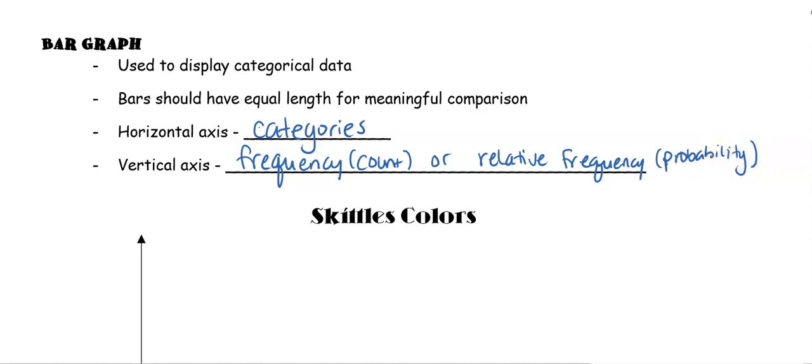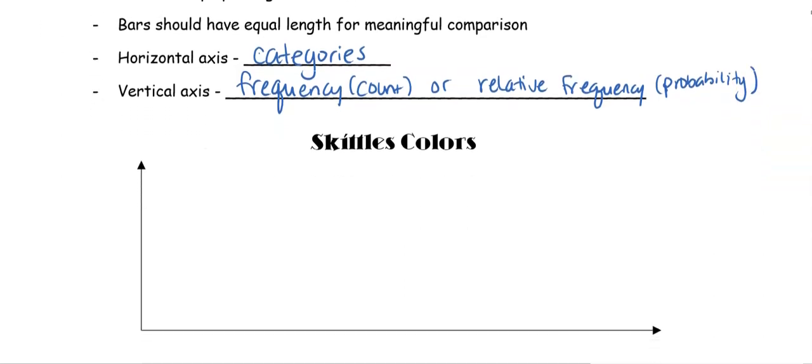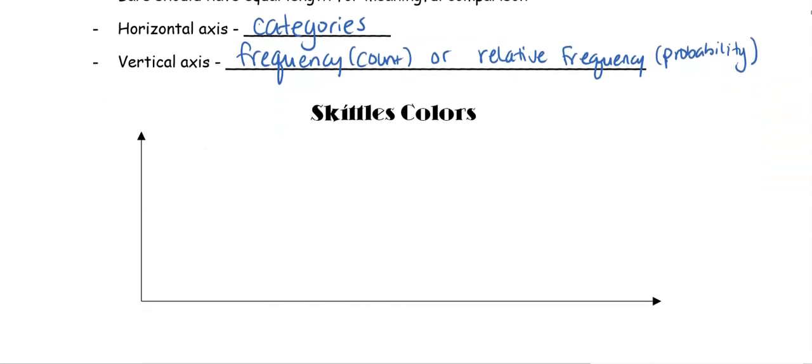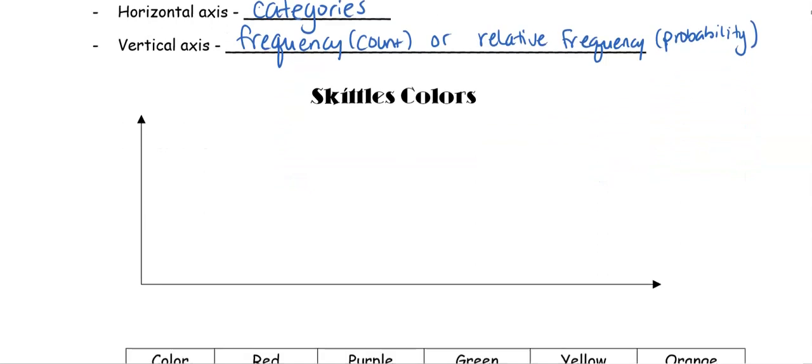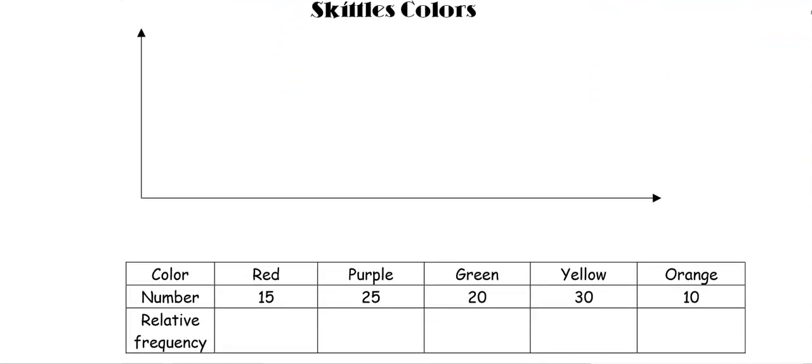Alright, so it doesn't matter if you're using count or probability, but you just have to label. So we have our Skittles, and again, there's the chart, so we don't have to flip over to the first side. It said on the x-axis, so going horizontally, we're going to have our category. So in this case, our category is Skittle colors.